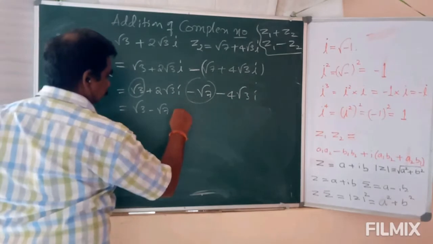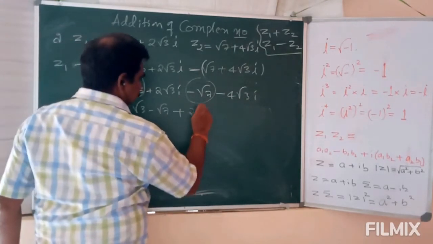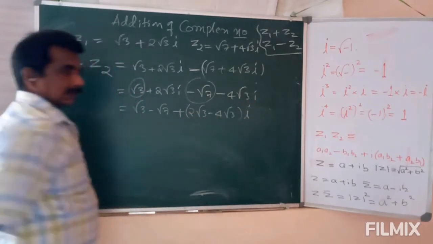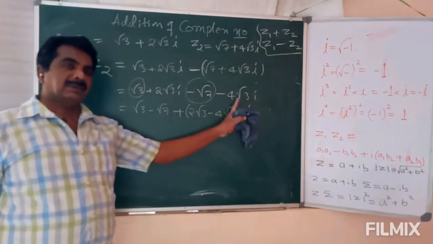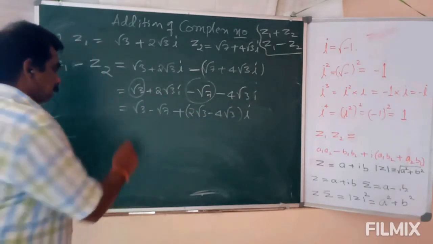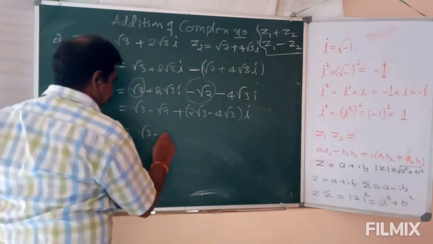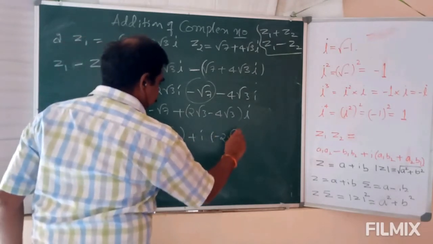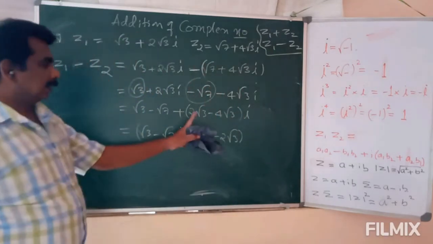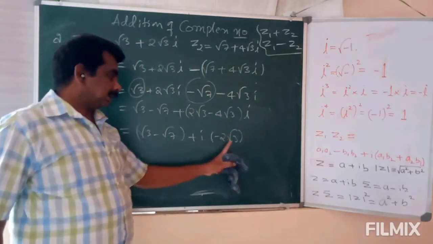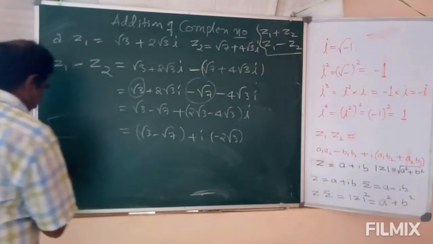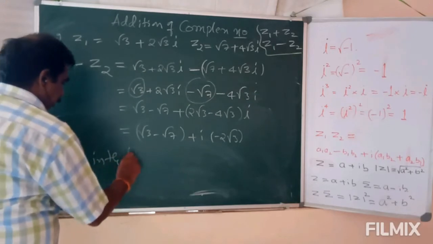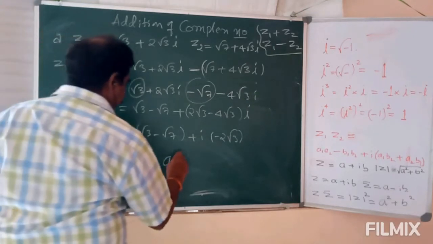This one plus 2 root 3 minus 4 root 3 into i. Now root 3 minus root 7 plus i into minus 2 root 3, because 2 root 3 minus 4 root 3 is minus 2 root 3, which is in the form of a plus ib.